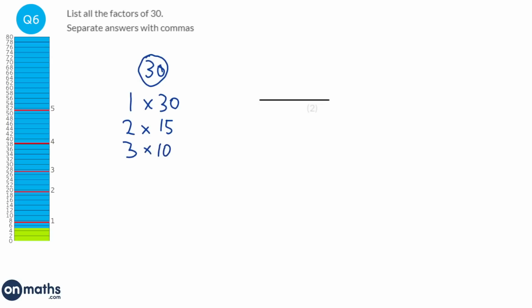Now 4 doesn't go because 30 is not in the 4 times table. 5 times 6, and we notice that if we pick 6, it's just going to be 6 times 5, it's just going to be the opposite. So the factors are all the numbers that we've just written down. So it would be 1, 2, 3, 5, 6, 10, 15, and 30.